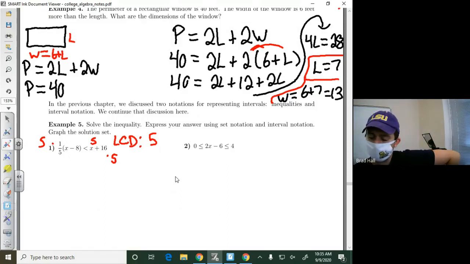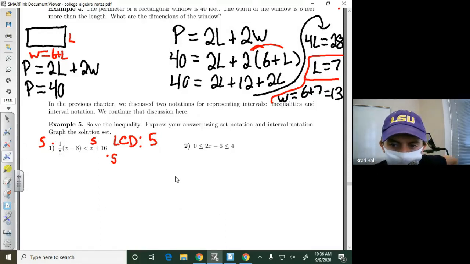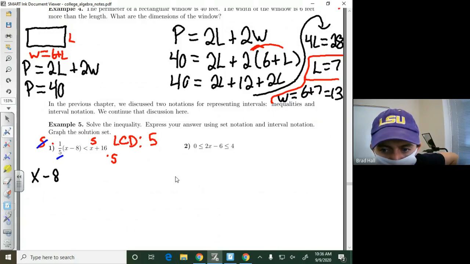And yes, that whole expression on the far left is one term. There's terms within it, but it's one term entirely. So I only have to multiply 5 one time. But here, the 5's cancel, and we're left with just x minus 8.